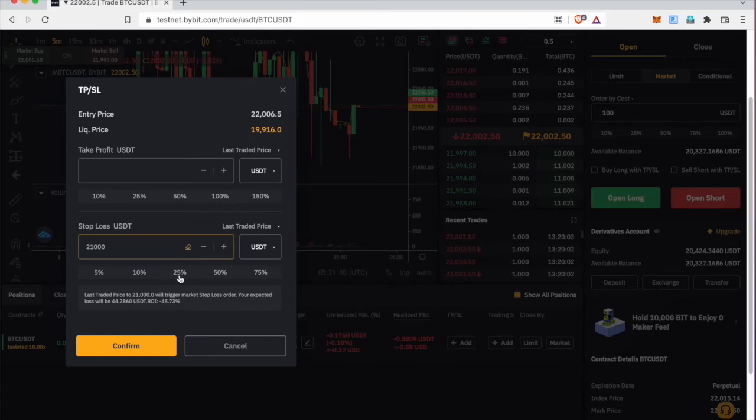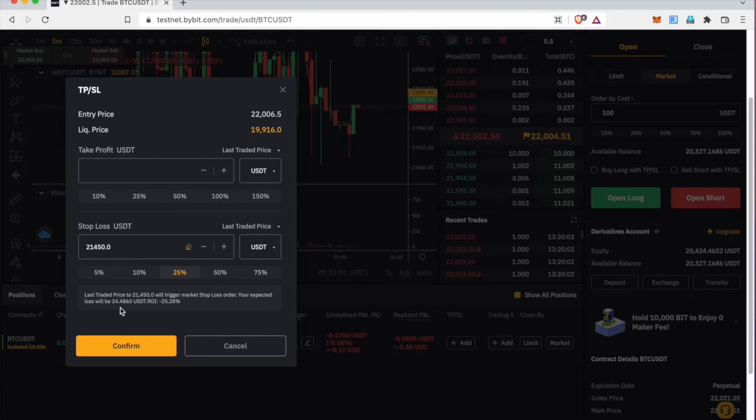It's about 45%. Or simply click the 25% here. The market price will be automatically set above. So I would have lost about $25, which is about 25% of my $100 trading fund. So this is the stop loss function.